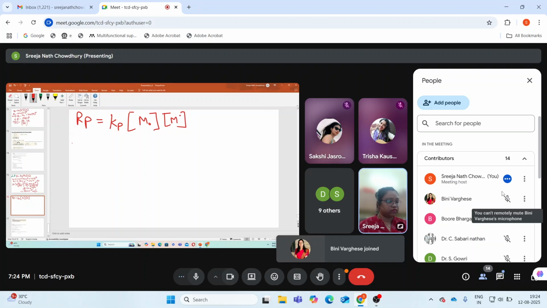Okay, so the initial rate of reaction is equal to 2F kd I, which gives you 2 into 0.55 into 8 into 10 to the power minus 6. So Ri will be 1.32 into 10 to the power minus 8. This is Ri.